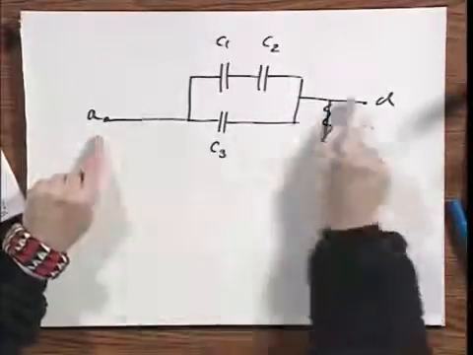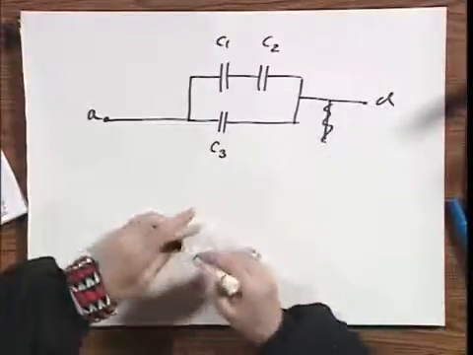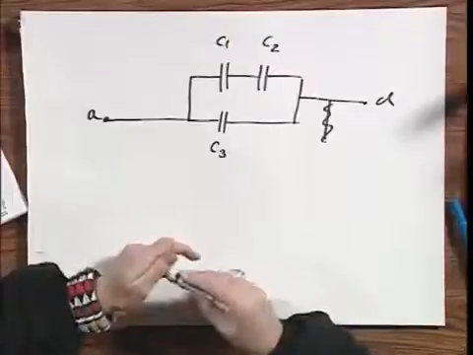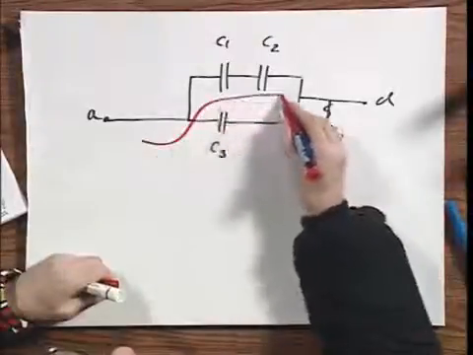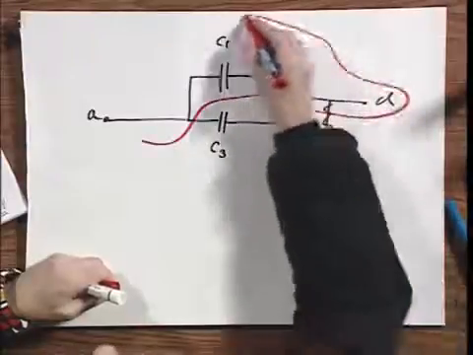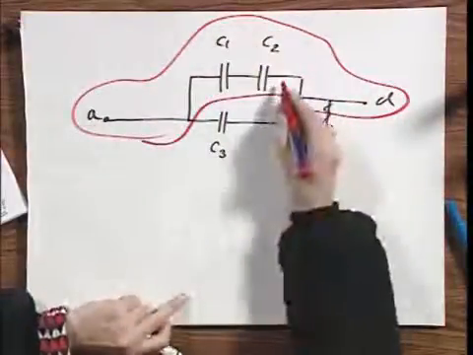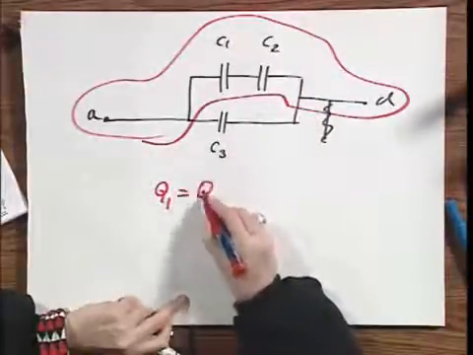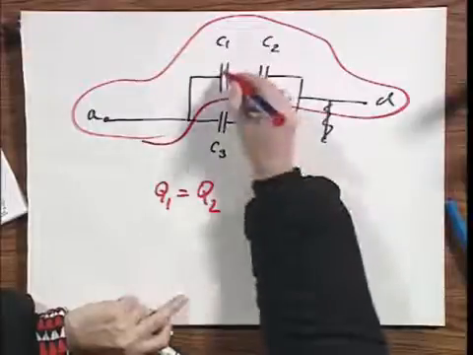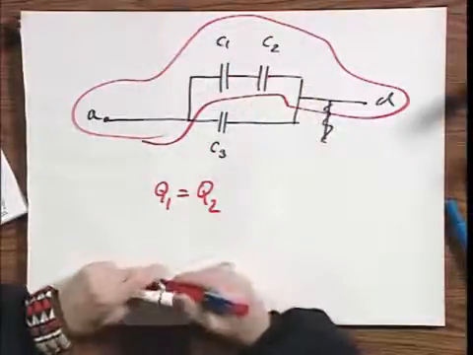This is between A and D, and I just leave 4 out for now. There is a 4 here, I realize that. I want you now to concentrate on this part. And that part is exactly what I covered in my introduction. Therefore, Q1 must be Q2. The charge on here must be the charge on this one.